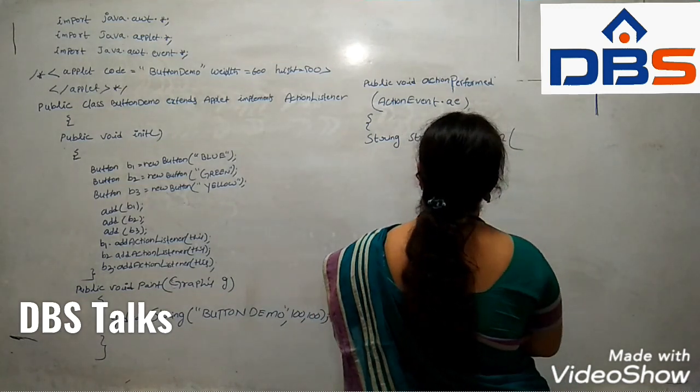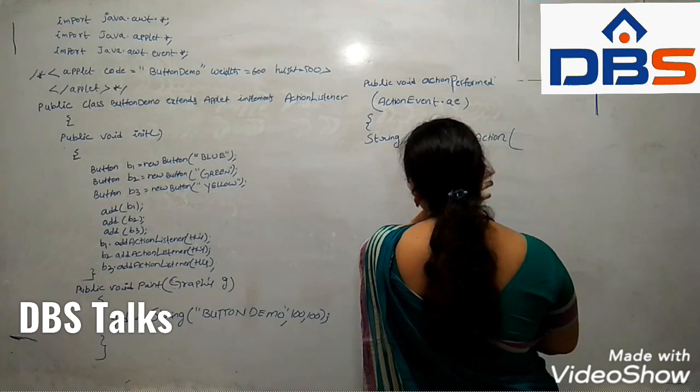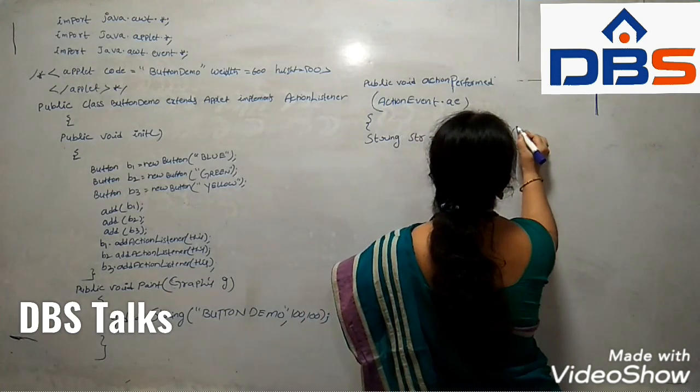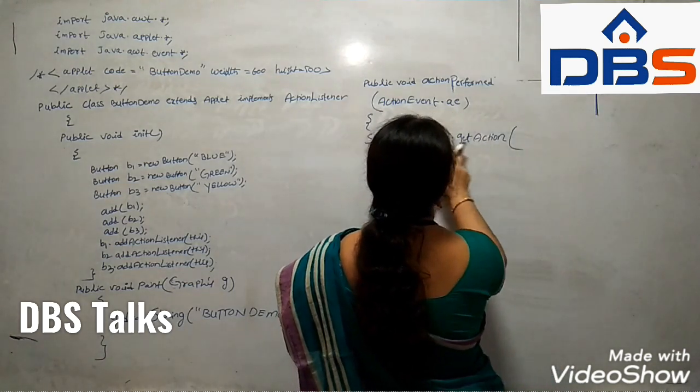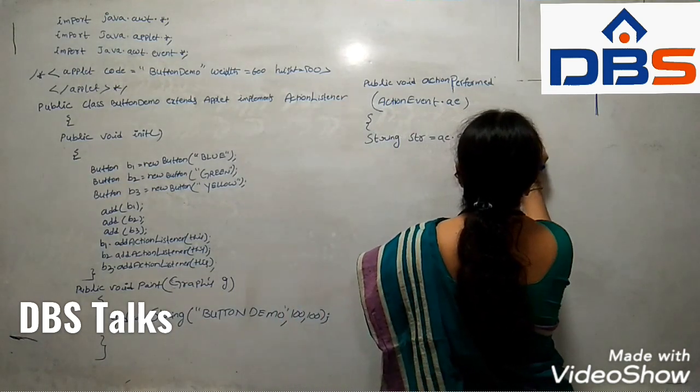Here in this get action, we have the action performing listener. In this String str, we are using the getActionCommand function.